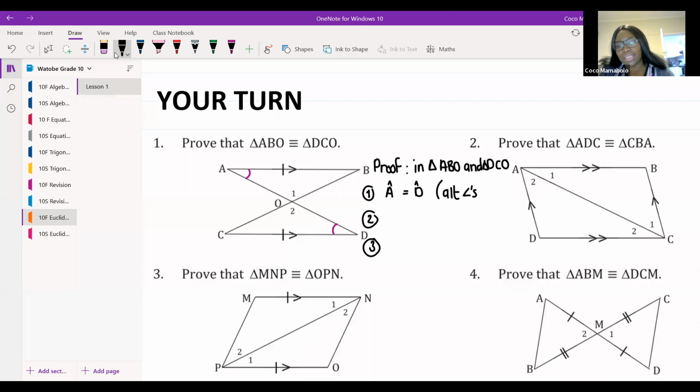We're forgetting. Mohammed, I think you meant O1, okay, and I agree with you, and it's not very opposite. I know what you were trying to say. Okay, guys, please don't forget, as soon as you say alternate angles, you need to tell me which two lines are parallel.